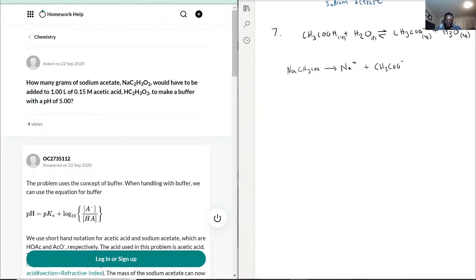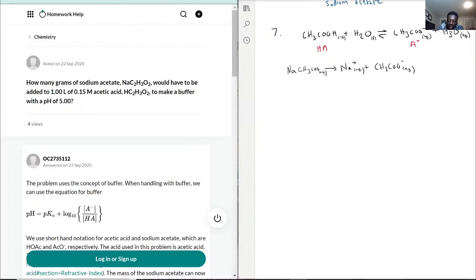Like we discussed earlier in terms of what ionic compounds like to do in water, the sodium completely dissociates and has no relation, which is how we get back to CH3COO minus. The important thing is that to make a buffer, you want your HA, your acid, and your A minus conjugate base.